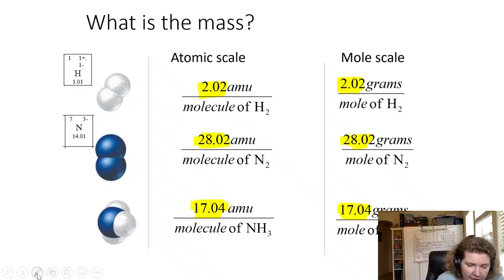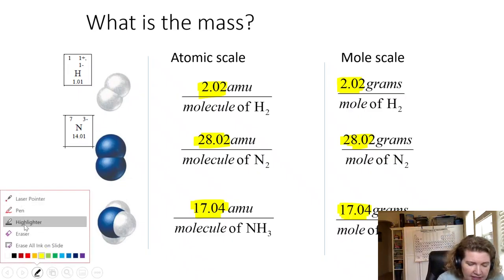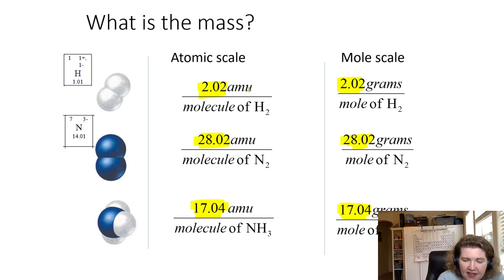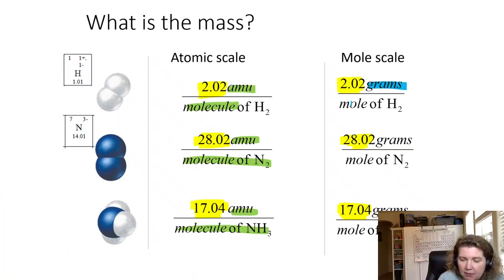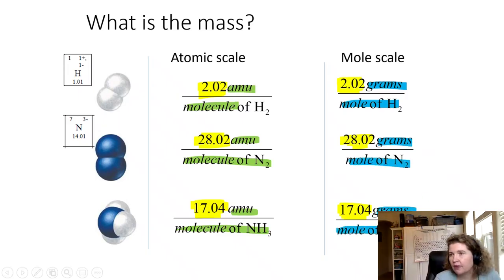So what's different here is that on the atomic scale, it's AMUs per molecule, and on the mole scale, it is grams per mole.